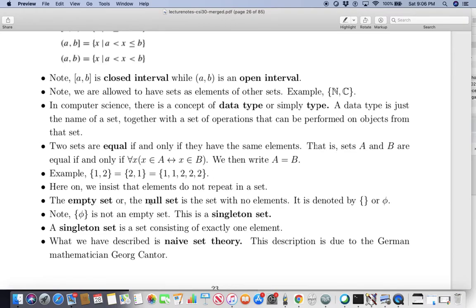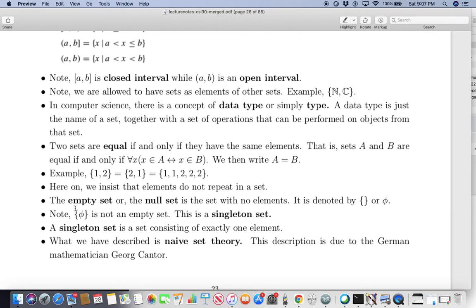The empty set or the null set is the set with no elements. It is denoted by braces with nothing in them or just φ. This symbol is called phi. Note, the set containing φ is not empty because this set has something in it, one thing in it.